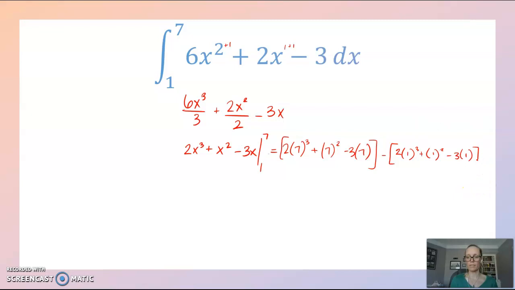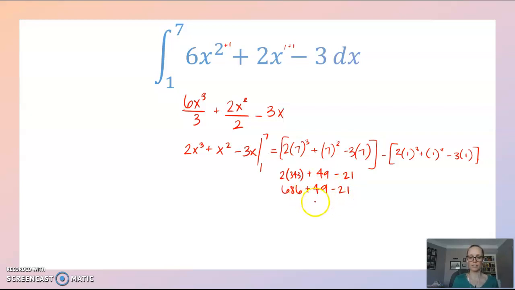And now here I'm going to go ahead and work this out. 7 cubed is 343. 2 times 343 plus 49 minus 21. This is going to be 686 plus 49 minus 21.